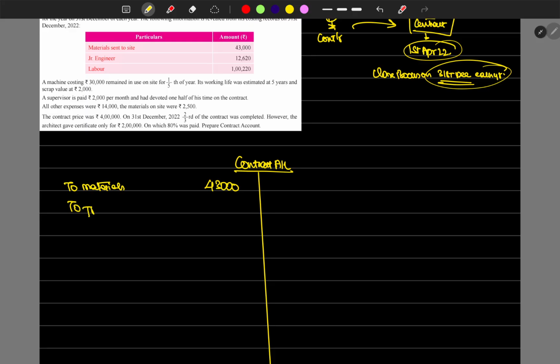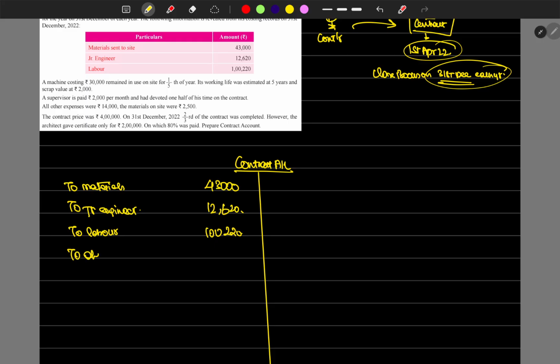Junior engineer, all the cost we have to accumulate on one side of the contract account, which is the debit side, 12,620, and labor cost, same as in the trading P&L. So simply we accumulate all the expenses on the debit side and incomes on the credit side, and the closing balance should come on the credit side. Labor 1 lakh 220.